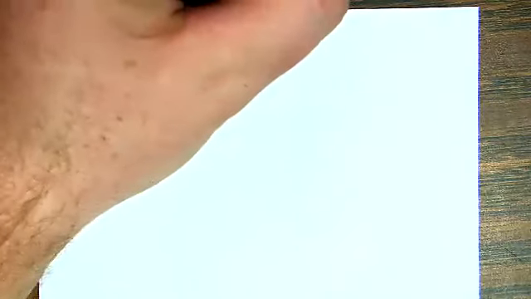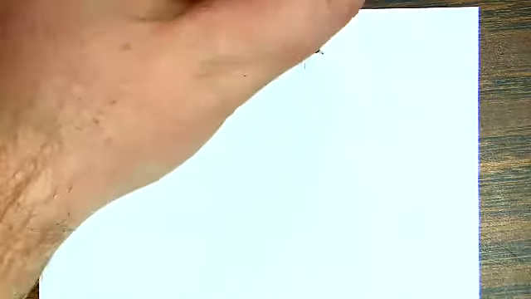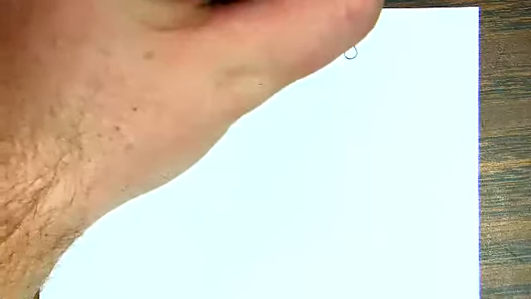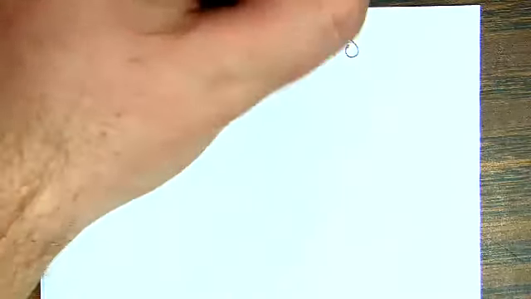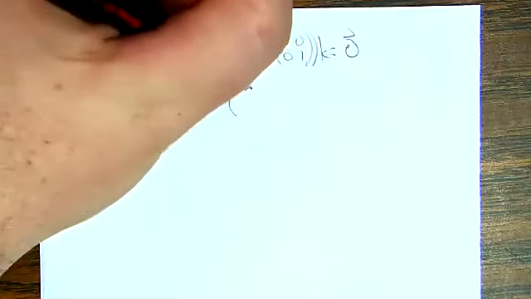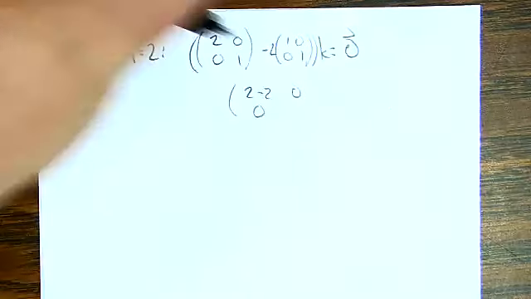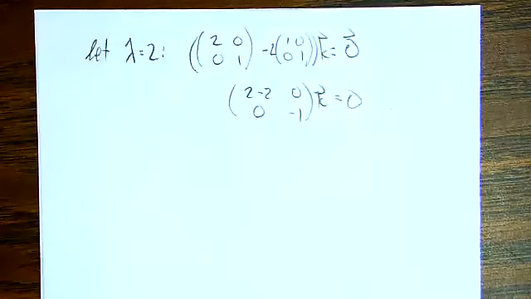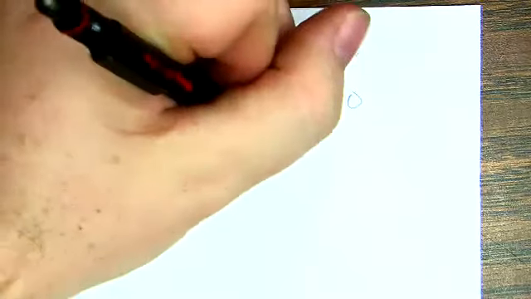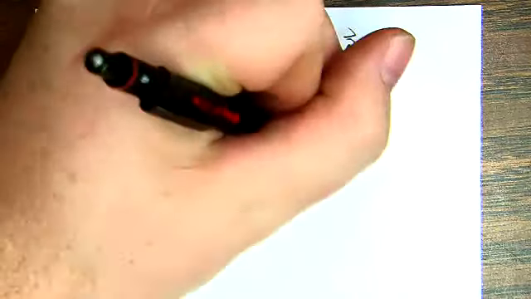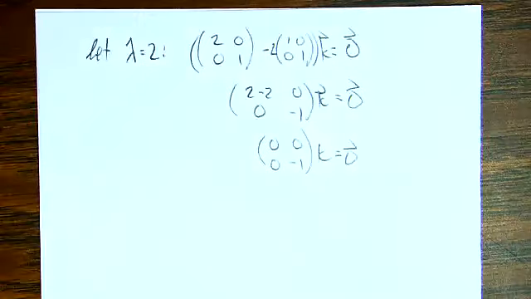Let lambda be equal to 2. If I let lambda be equal to 2, then I get that [2, 0; 0, 1] minus 2 times [1, 0; 0, 1] times k must be equal to the 0 vector, which simplifies to [2 minus 2, 0; 0, negative 1] k must be equal to 0, or just [0, 0; 0, negative 1] k must be equal to the 0 vector.